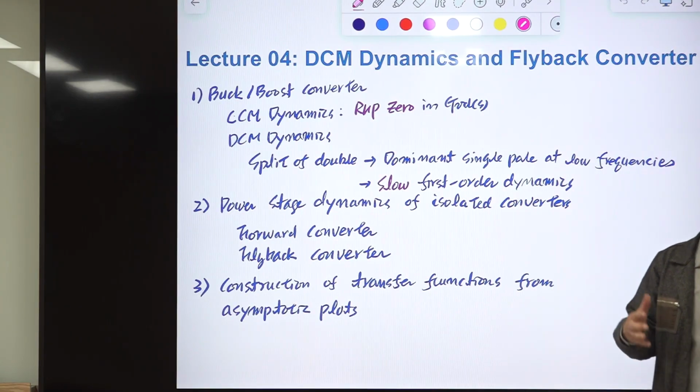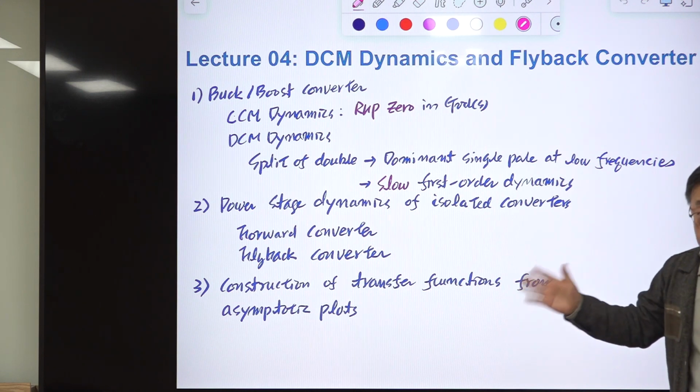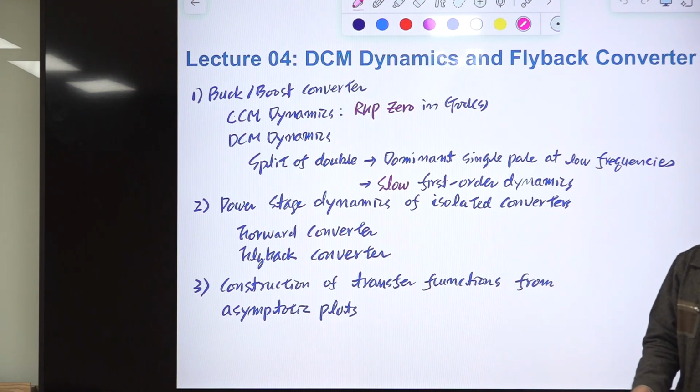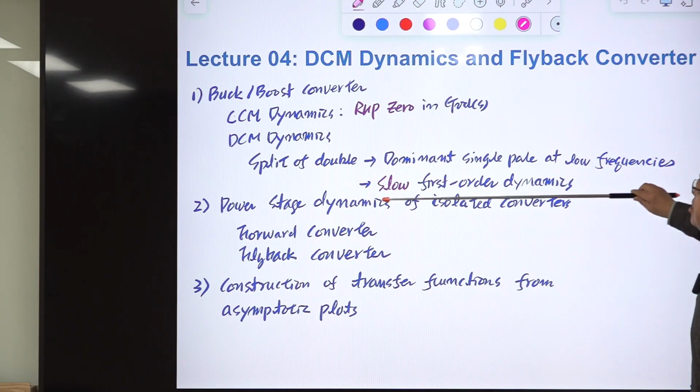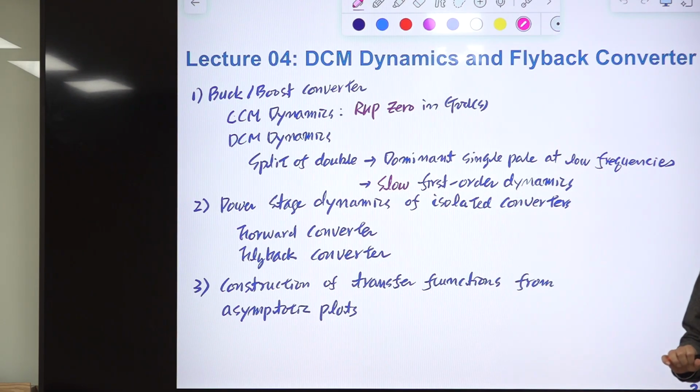So if we are interested in the dynamics below the mid frequency range, the system effectively becomes a first order system with a dominant pole at very low frequency, and this low frequency single pole generates very slow dynamics. So the dynamics of a converter in DCM is much slower than those of a converter in CCM operation. That is the unique characteristic of DCM operation.